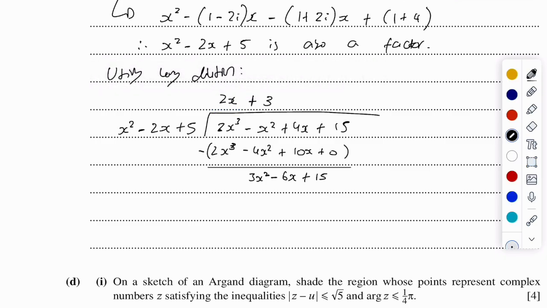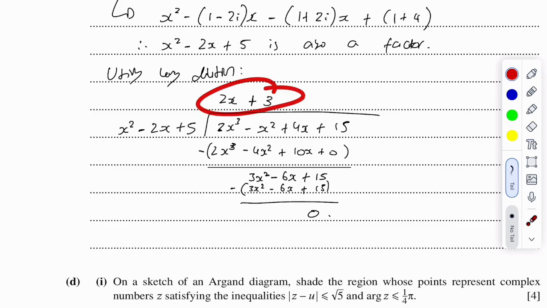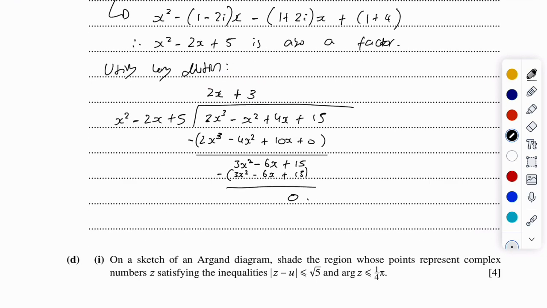Goes in 3 times. And if we multiply that back out, it's 3x squared minus 6x plus 15. Oh look, no remainder. So therefore 2x plus 3 is also a factor.